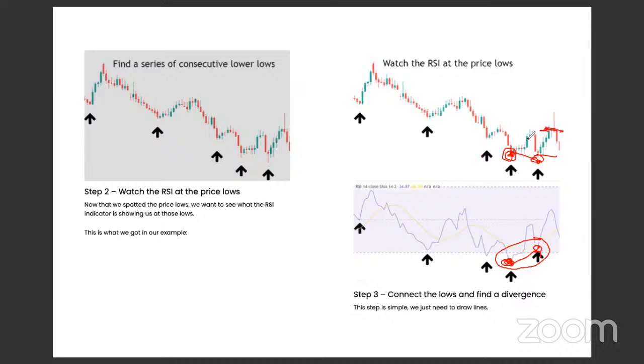So step number 1, like I said, identify a downward trend. Identify a market that's forming those lowest points. Look at the RSI. Look at how the RSI is forming. Very important. By the way, you need to be very keen.